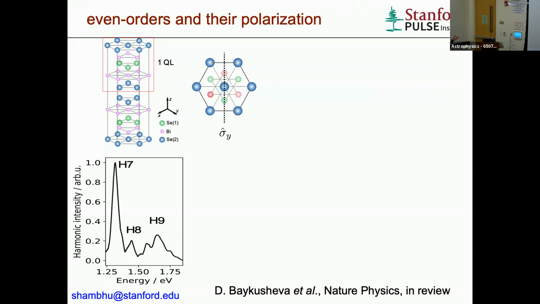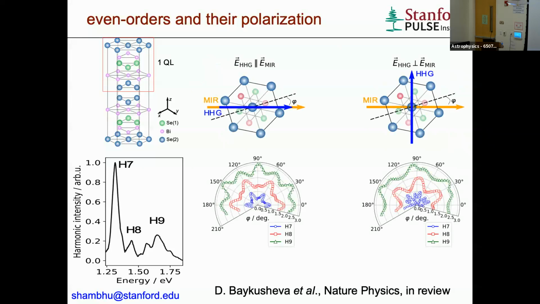And in this case, the bulk has the inversion symmetry, but the first quintuple layer, essentially the surface, has the inversion symmetry broken in many orientations. So we attribute these even order harmonics to coming from the surface states.